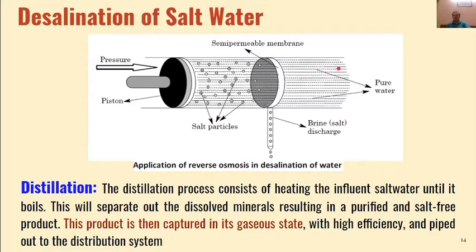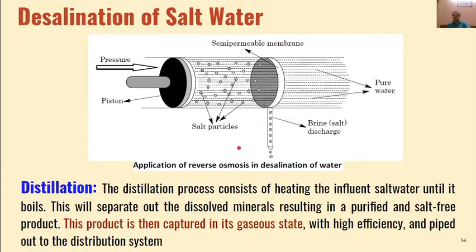So sodium chloride, which is in higher concentration, when pressure is applied, is removed through this semi-permeable membrane to outside, and we get pure water through this process. And this process of application of pressure, where high concentration water having sodium chloride is transformed into low concentration pure water, is called reverse osmosis.